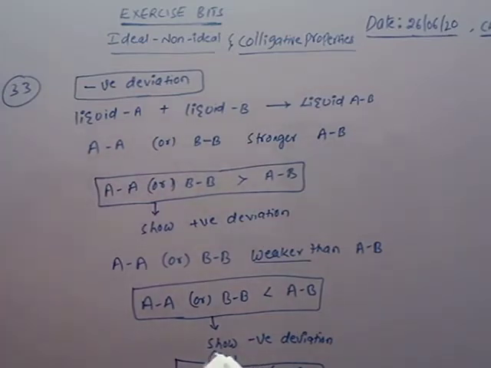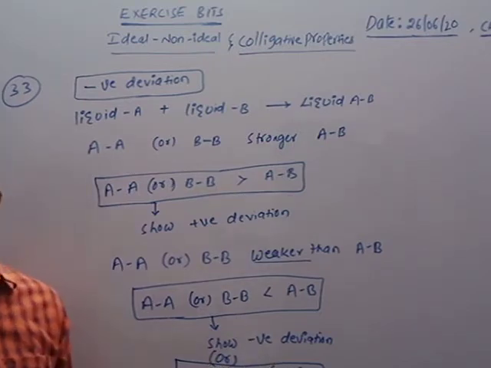Now the next one is bit number 34. Which of the following liquid pairs show a positive deviation from Raoult's law?